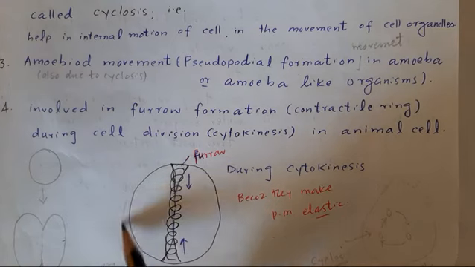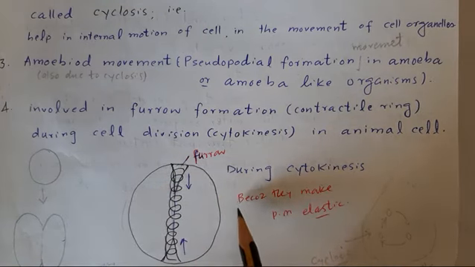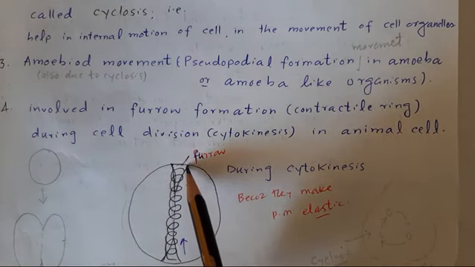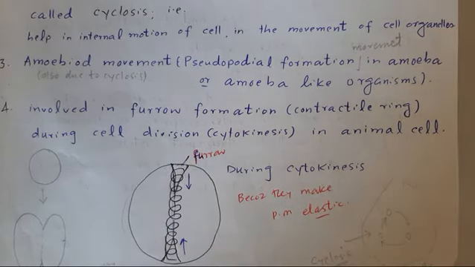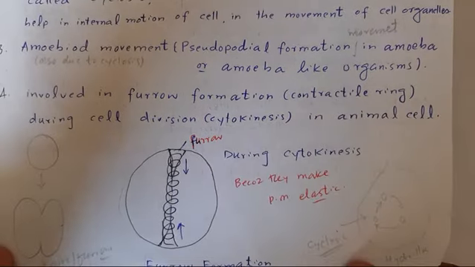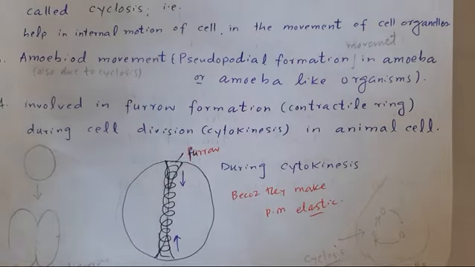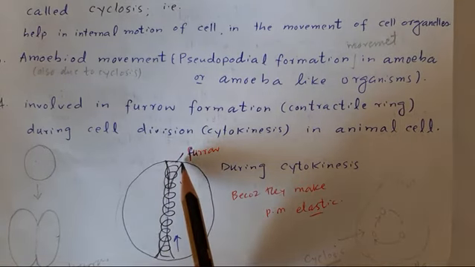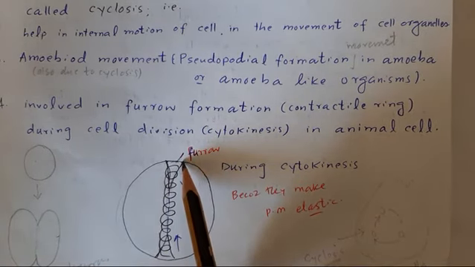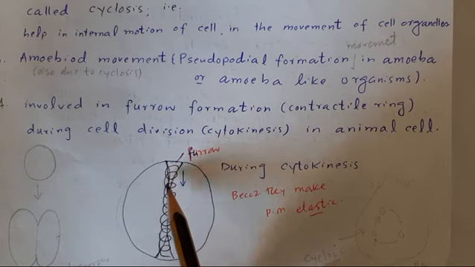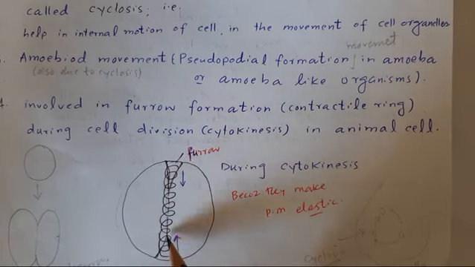This is an animal cell. So during cytokinesis, you may remember from class 9th, you have already studied cytokinesis in animal cells. The division of cytoplasm is called cytokinesis. So in animal cell during cytokinesis, the plasma membrane folds inward in the center from both sides.